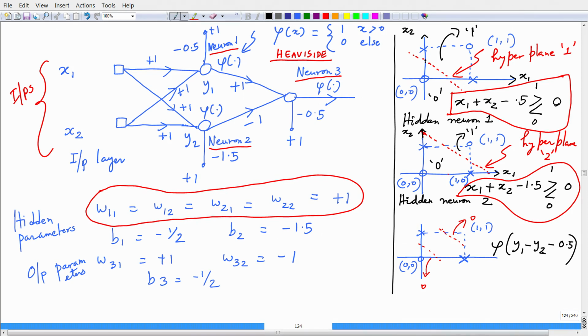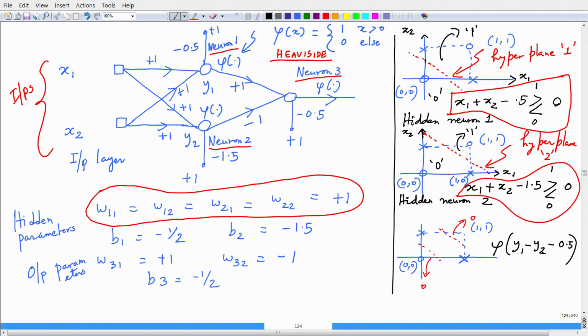Now you may wonder, how can I get another neuron that fuses the outputs of hidden neuron 1 and hidden neuron 2?